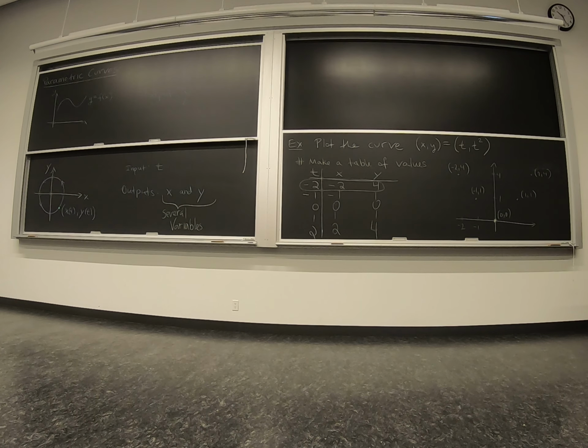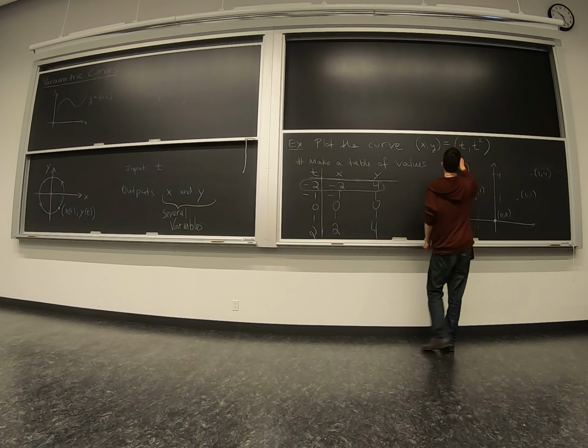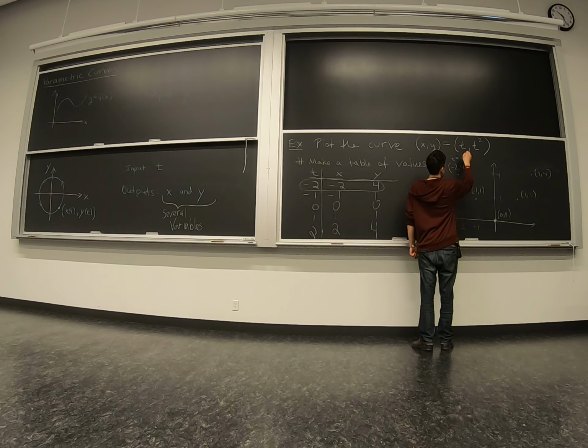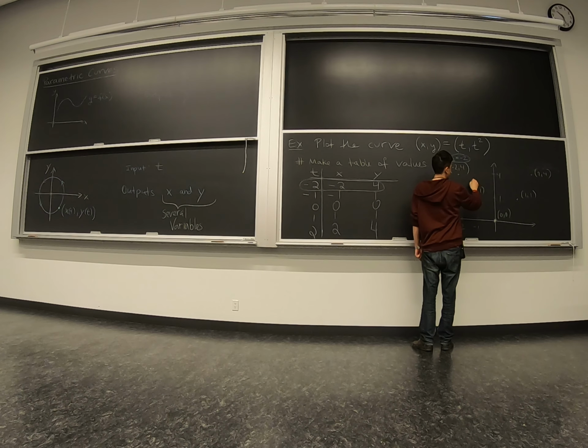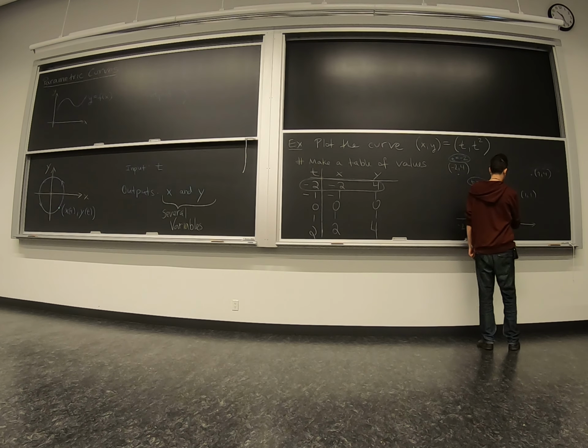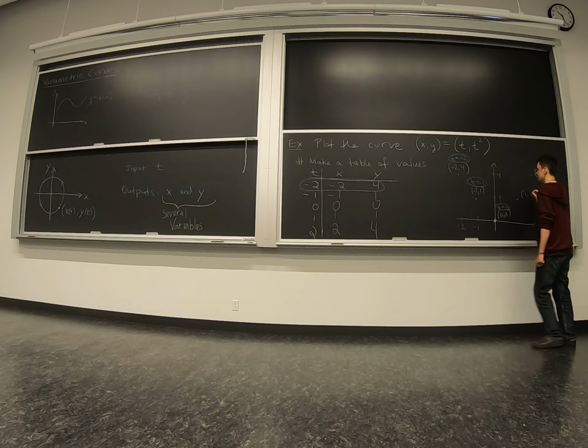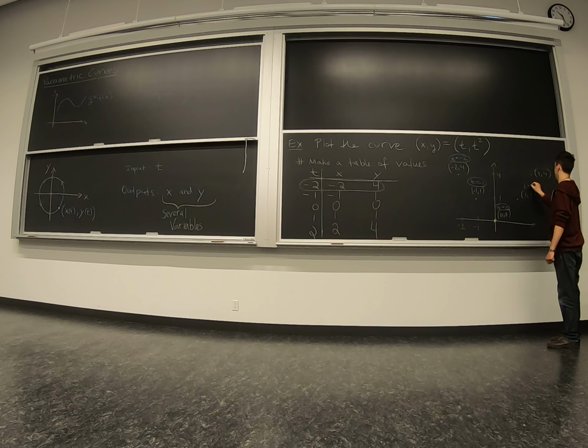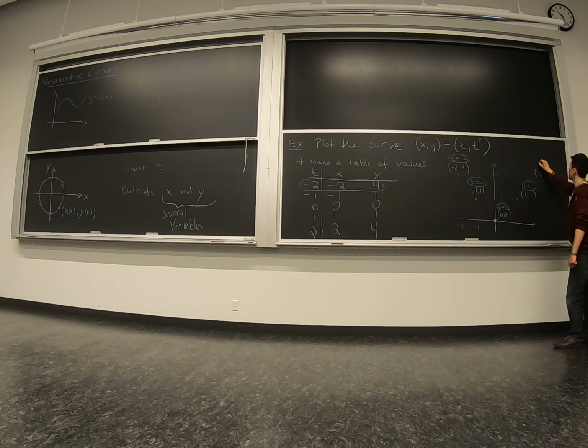So for each value of t, we're getting some point on this curve. This would be the value t is -2, t is -1, t is 0, t is 1, t is 2.